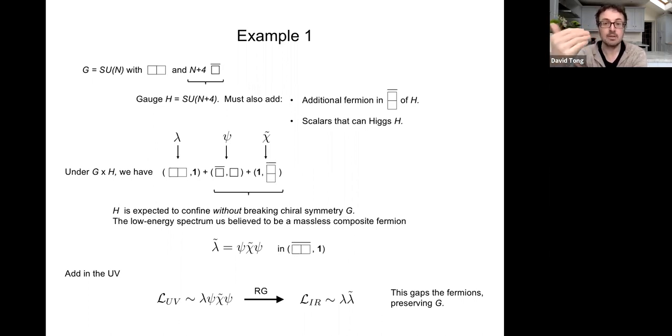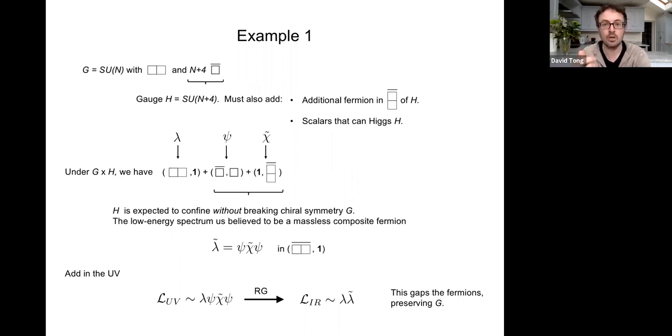So what's happened here is, when the dust settles, we've got a gap theory, a theory with no massless states at all, and yet with this global symmetry G unbroken. So it's exactly the kind of example of symmetric mass generation that I set out to find at the beginning.